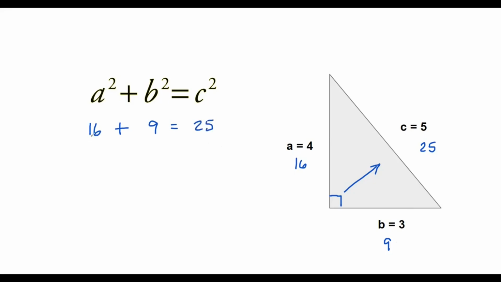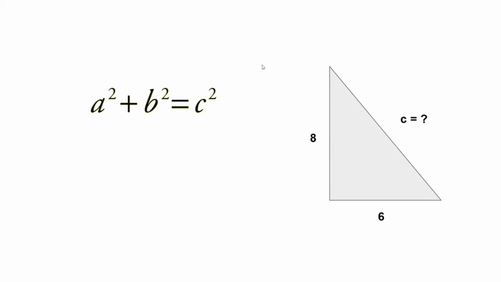So look at how that holds true for this triangle. 16 plus 9 is 25. So 25 equals 25. And that's true. So that's interesting, but it doesn't quite help us solve problems yet. Let's look at an instance where we can try to find this long side of this triangle using that relationship.